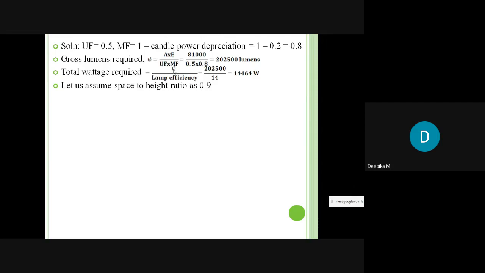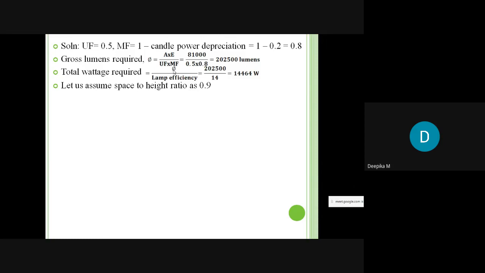Next, in the problem they have told that you assume a suitable space to height ratio. Usually, its range may vary from 0.6 to 1.5, but usually we will assume the space to height ratio in the range 0.9 to 1.3. In most of the problems, we assume that space to height ratio is unity, or 0.9 or 1 or 1.1, 1.2, 1.3.